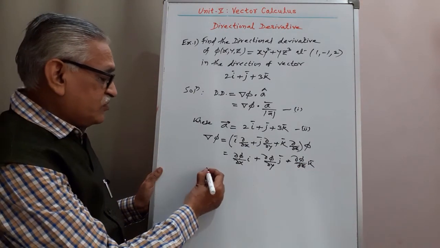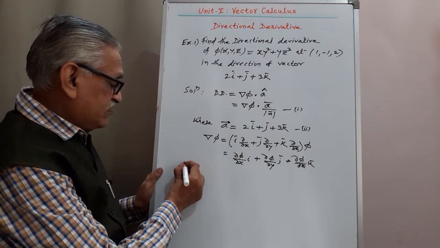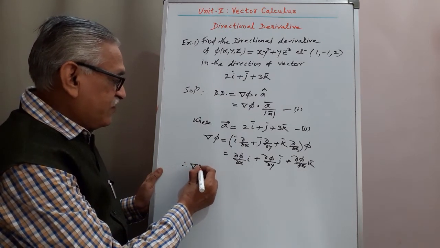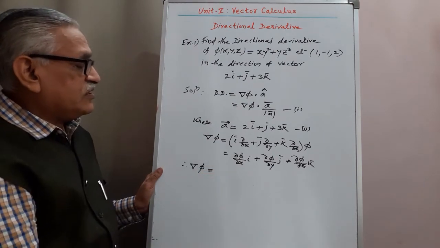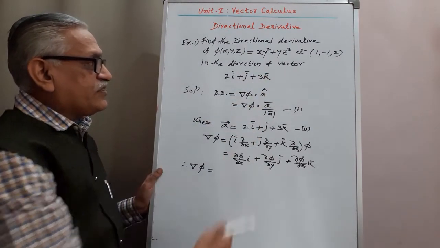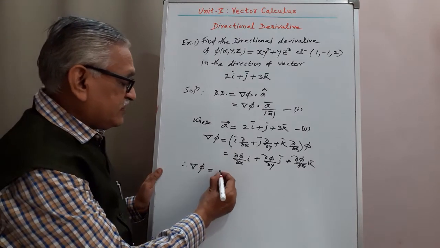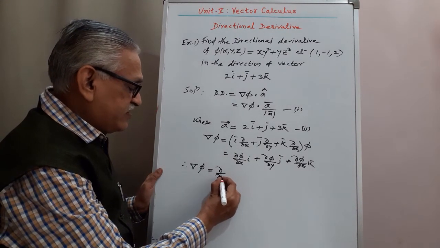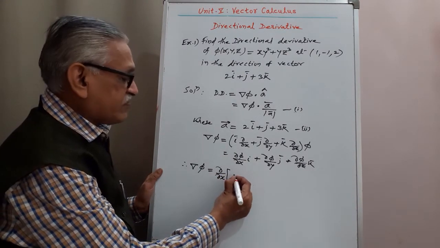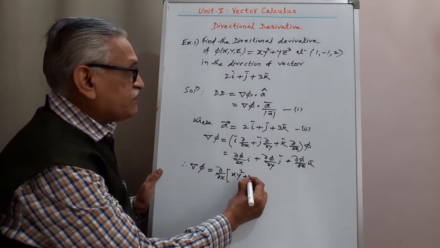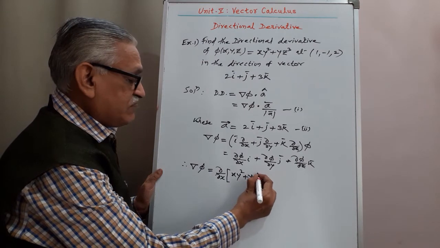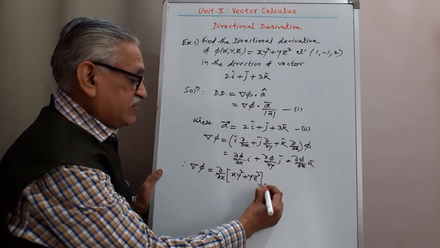and therefore the gradient of that function phi is equal to differentiating phi with respect to x. Symbolically I can write it as dou by dou x of xy square plus yz cube into i.